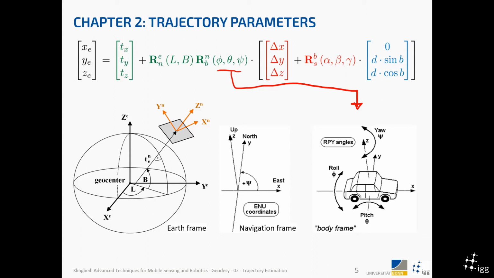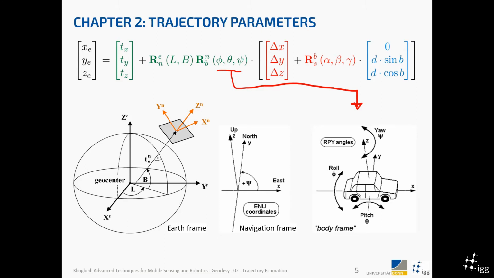The navigation frame is a frame which is tangential to the ellipsoid representing the Earth, and here the x-axis is pointing east, the y-axis is pointing north, and the z-axis is pointing up.